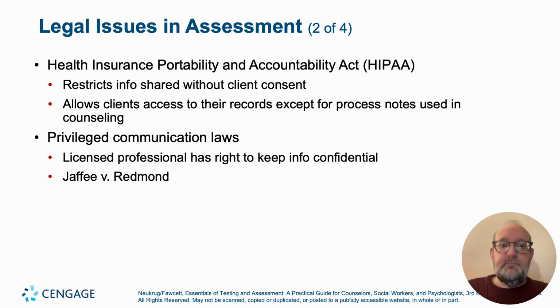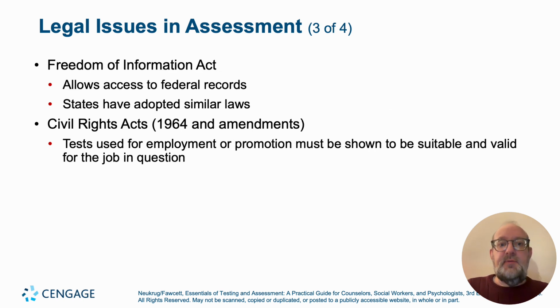Then we have privileged communication laws. And the noted court case, Jaffee versus Redmond. We have the Freedom of Information Act. We have the Civil Rights Act. All of these actually have aspects of legal issues in assessment.